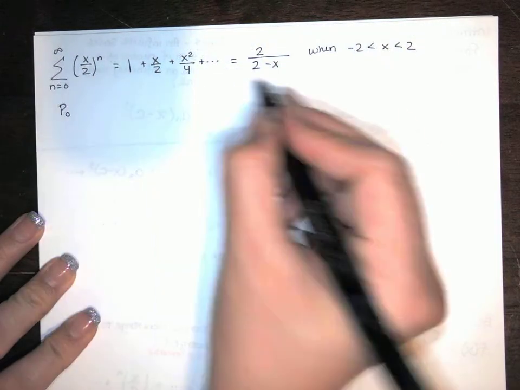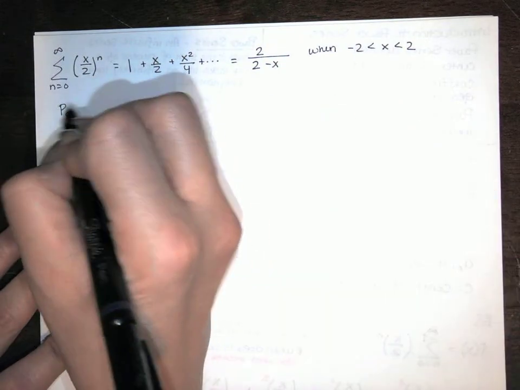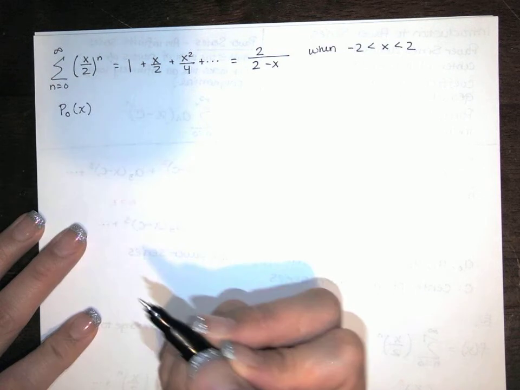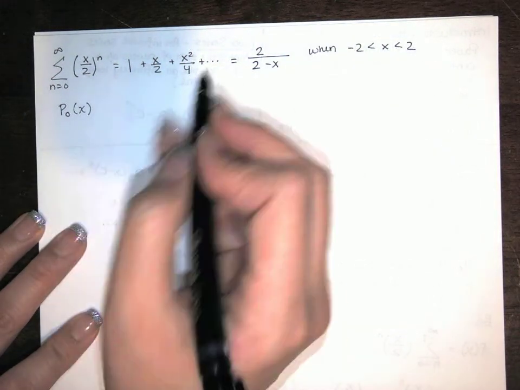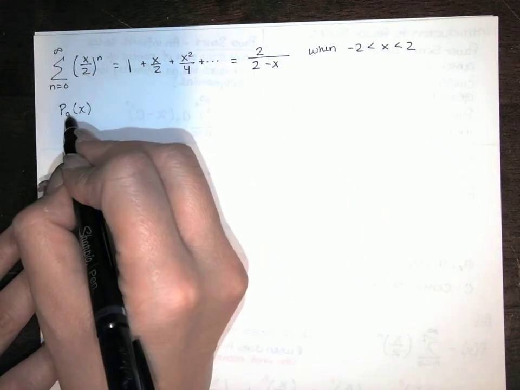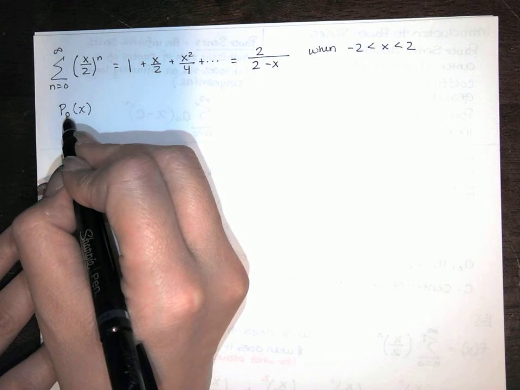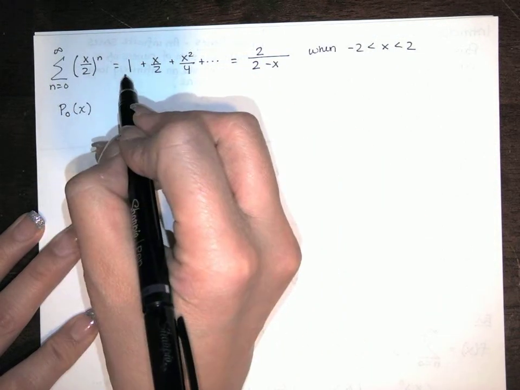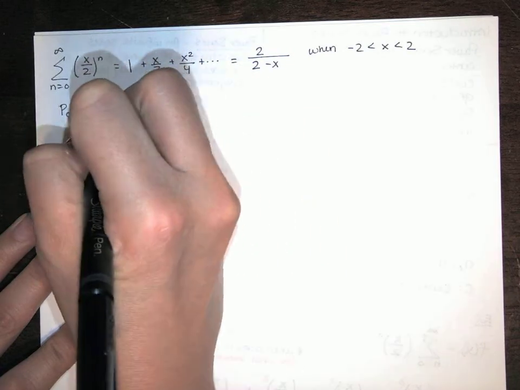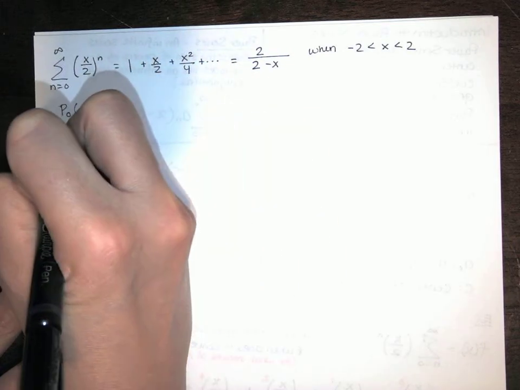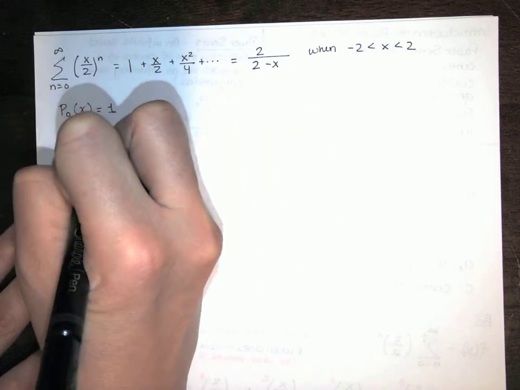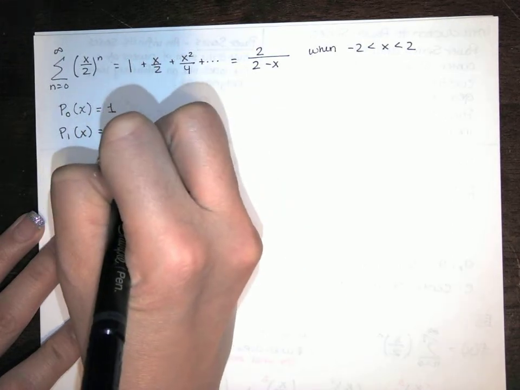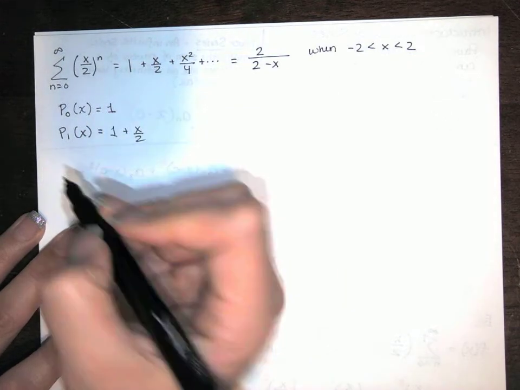Since the partial sums are polynomials, we tend to use p with a subscript or t with a subscript later to represent those polynomials. That 0 means we're talking about the 0th degree polynomial approximation of this function. 0th degree just means constant. So we get 1 there. The first degree polynomial approximation of the function is just 1 plus 1/2 x. Just the first two terms.